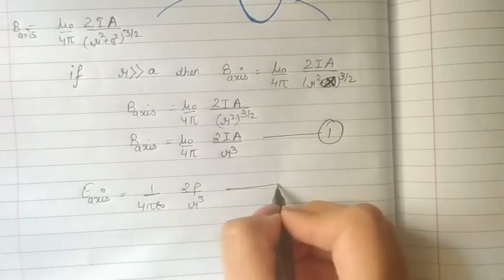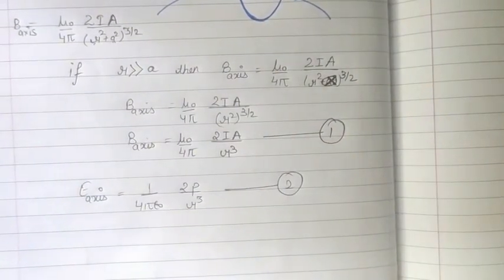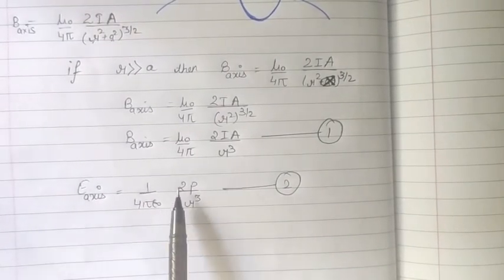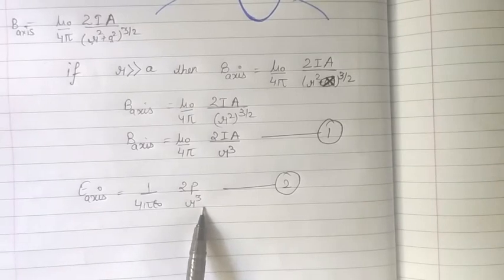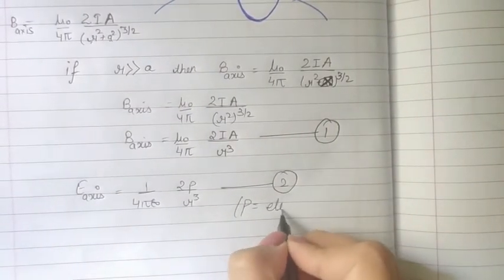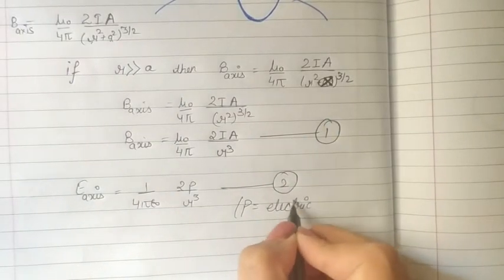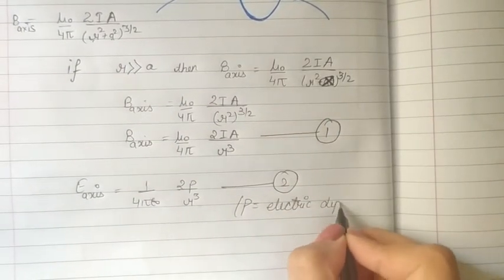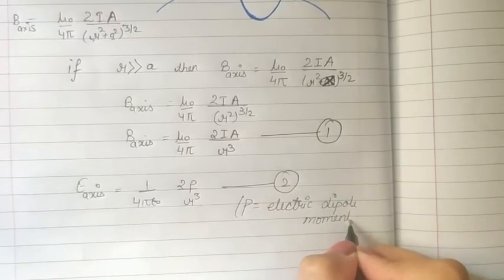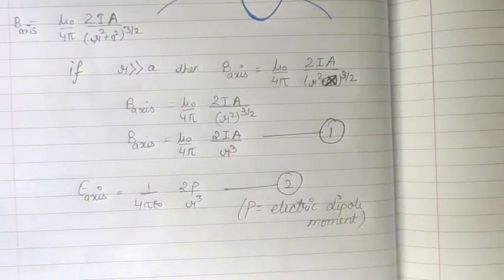This is equation number 2, right? What we get in case of electric field is 1 upon 4 pi epsilon naught, 2p upon r cube, where p is the electric dipole moment.